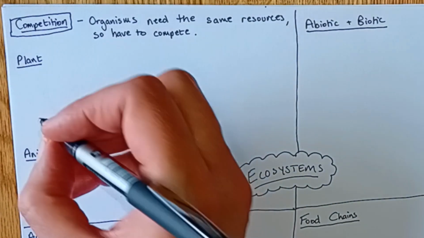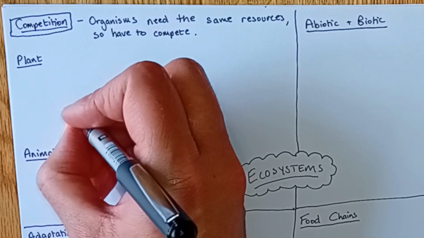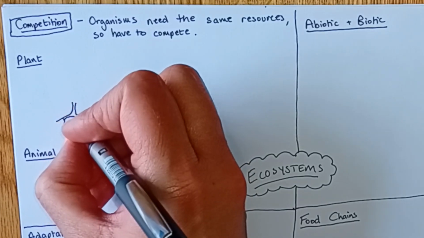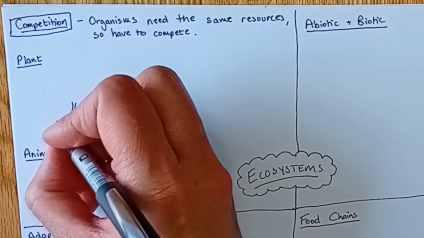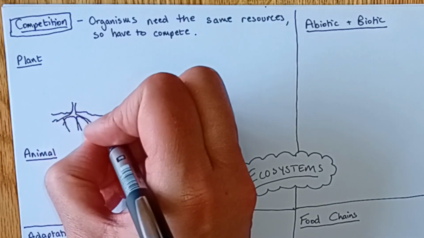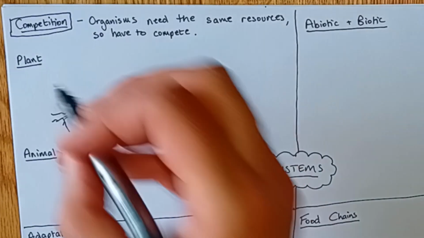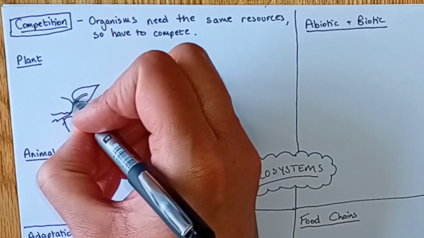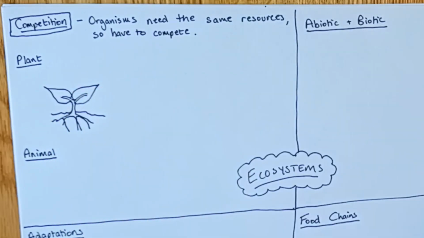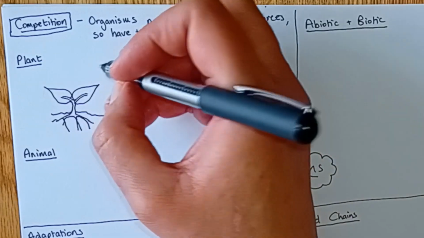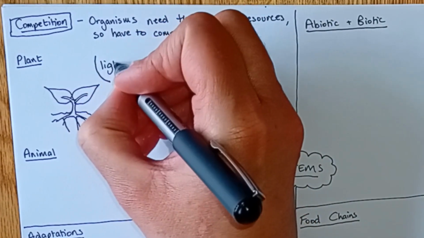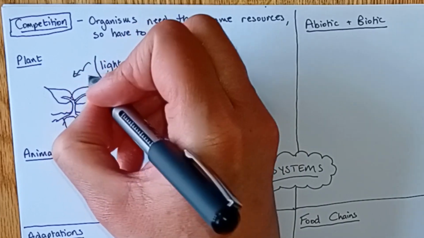All right, so we're going to draw a little plant. There's the stem. Here are the roots. And just 2 leaves. It's a short little plant. So the main resource that plants need, as you know, is light for photosynthesis.